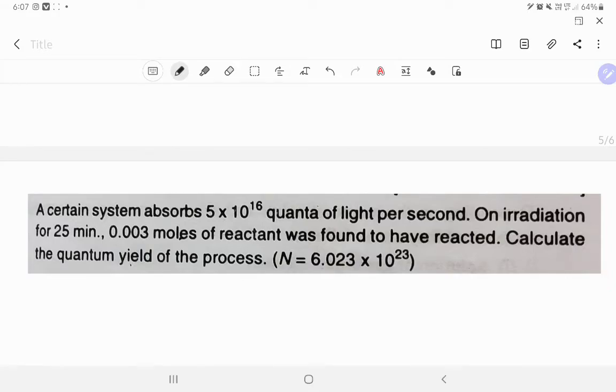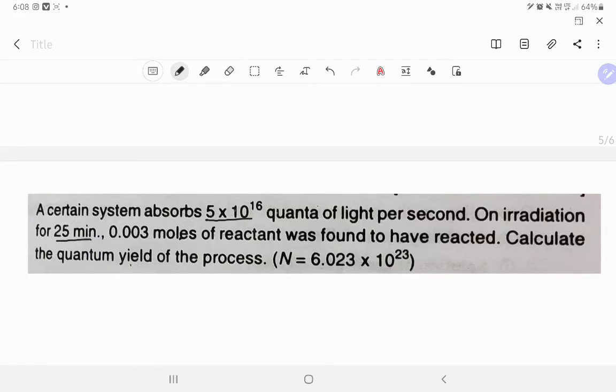A certain system absorbs 5 into 10 raised to 6 quanta of light per second. On irradiation for 25 minutes, absorption is given per second. This much quanta of radiation is absorbed in 1 second, but the experiment is carried out for 25 minutes.